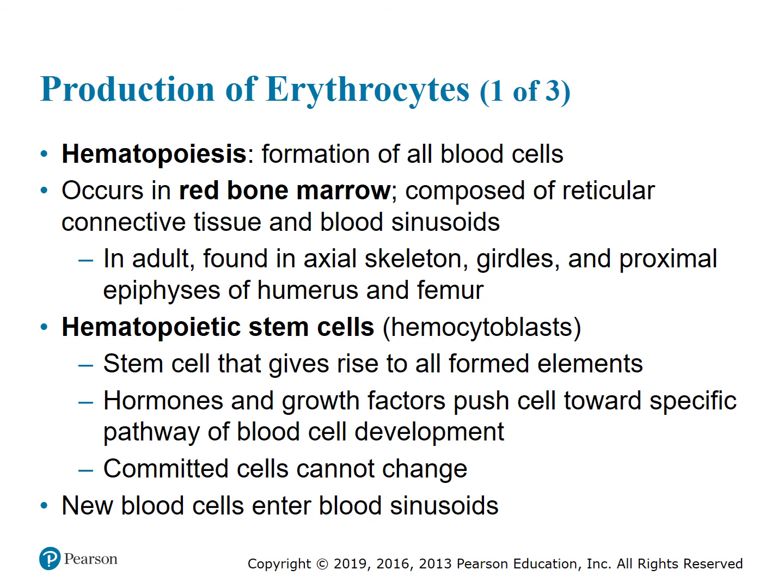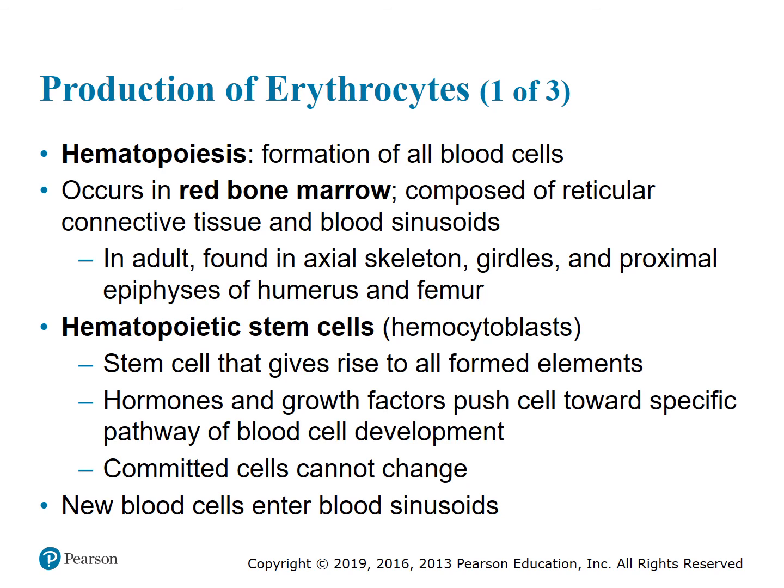How are our erythrocytes produced? The process is called hematopoiesis. It's actually the formation of all blood cells. It occurs in the red bone marrow, which is composed of reticular connective tissue and blood sinusoids. In the adult, it's found in the axial skeleton, in the girdles, like the pelvic girdle, and the proximal epiphysis of the humerus and femur bones.